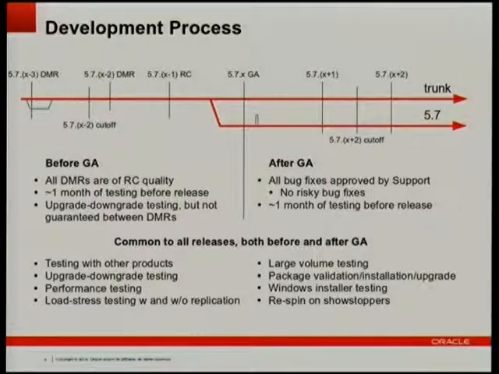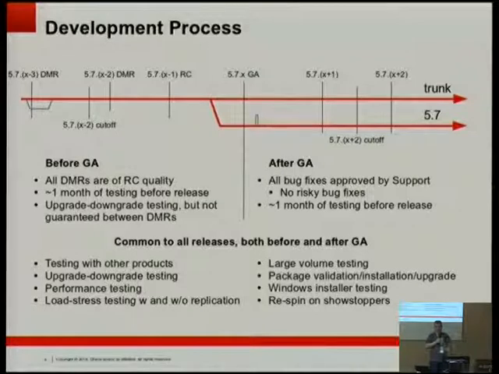We might respin the whole thing if we find a release critical bug, a showstopper. We'd run upgrade and downgrade testing. We test with other products. So we do a lot of integration testing from cutoff until the release of a milestone. The milestones are of release candidate quality. That's our goal. So any milestone should be able to just be renamed into a release candidate if you want to.